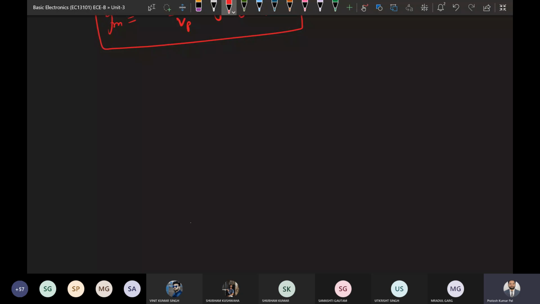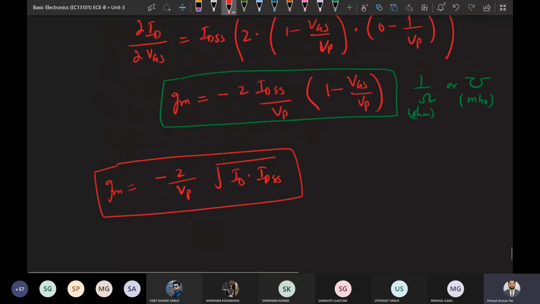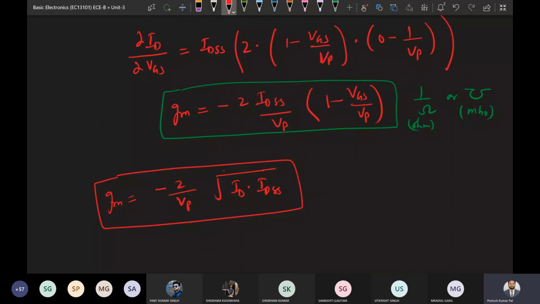So this is the basics of JFET in terms of their mathematical analysis, the equations. All voltages and currents of JFET can be defined by using the Shockley equation. Based on these formulas, numericals are most frequently asked in GATE and also in different competitive exams, so you can remember these equations.